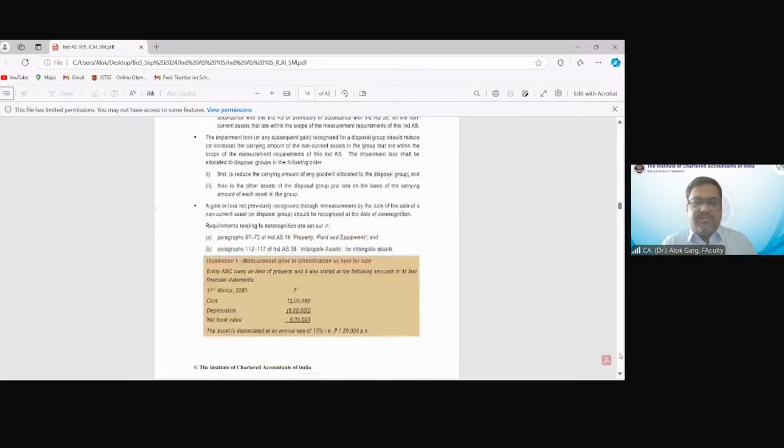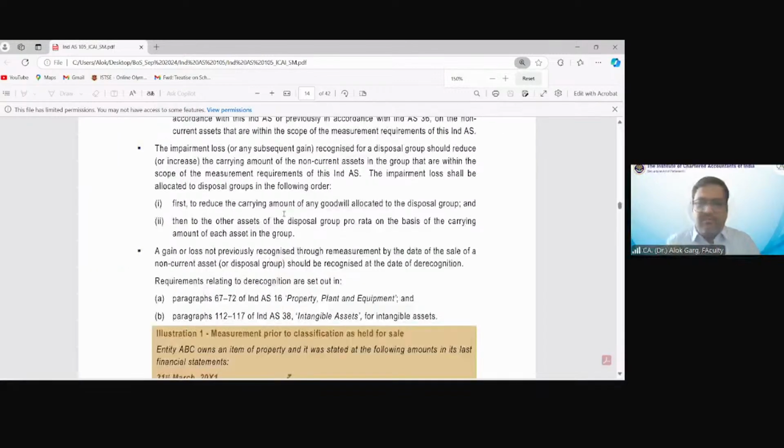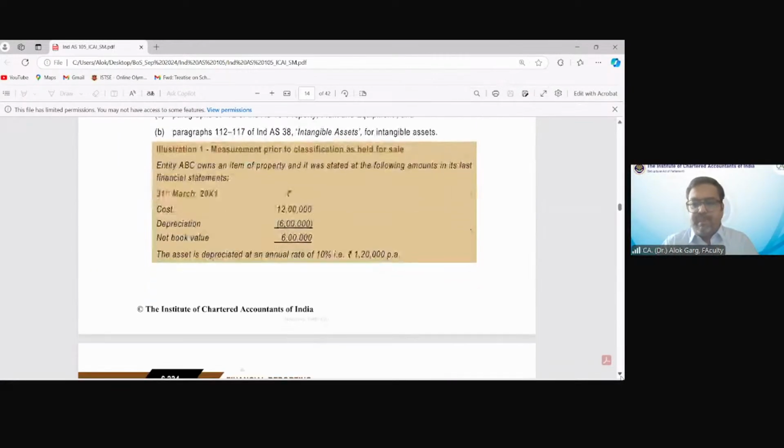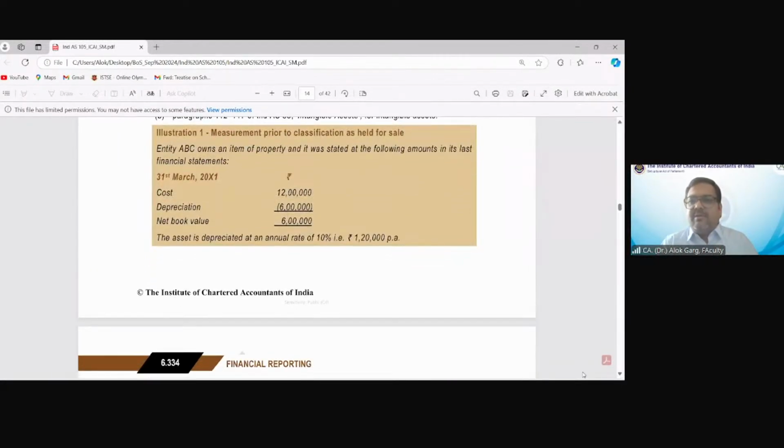The illustrations are very limited. Illustration number 1. Can you see illustration number 1?